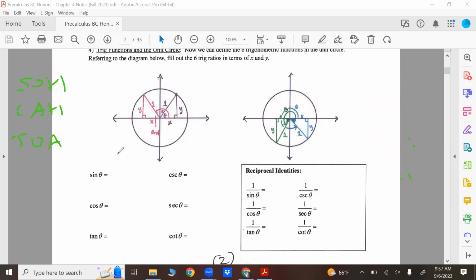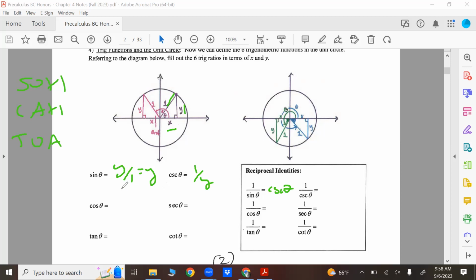So what this means is that if x is my adjacent, y is my opposite, and 1 is my hypotenuse, the sine is going to be y over 1, or technically speaking, y over r. We'll do r at a later time. We'll call it y. Cosecant is flipped over, just the reciprocal, so cosecant theta is 1 over y.